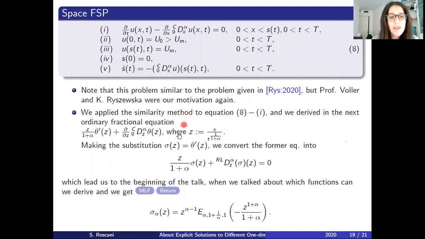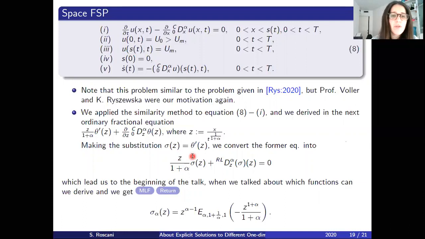If we consider this similarity variable, we can transform the fractional spatial equation into a fractional ordinary equation, which, if you look at the first properties that we talked about for the Caputo and Riemann-Liouville derivatives, is related to the Riemann-Liouville derivative if I make this substitution.